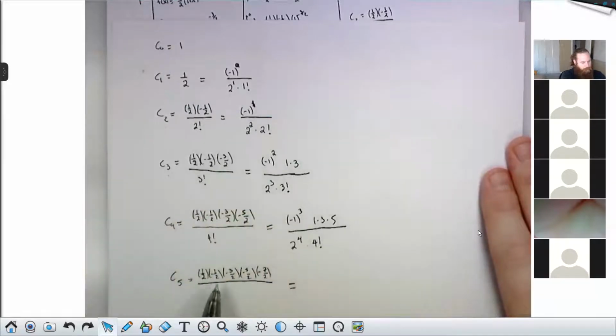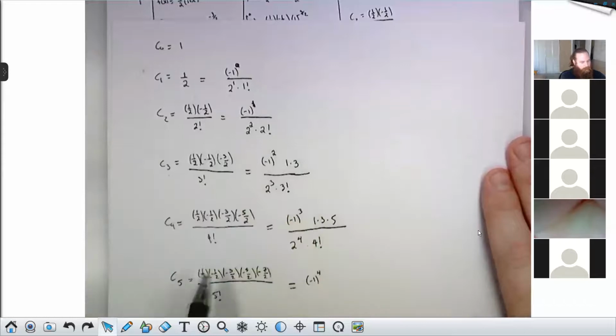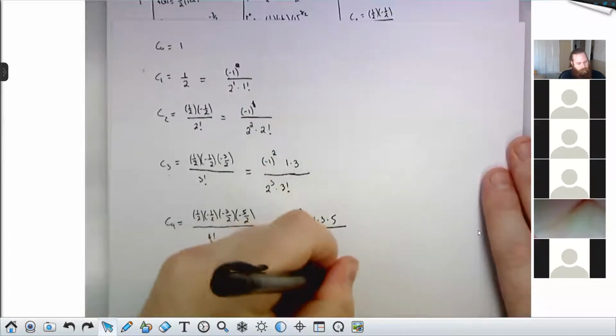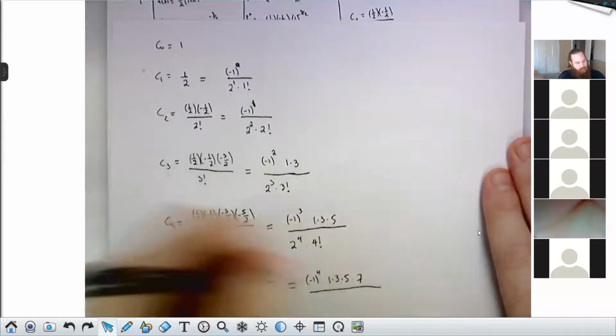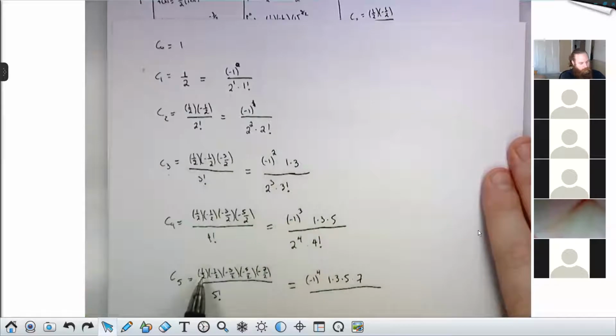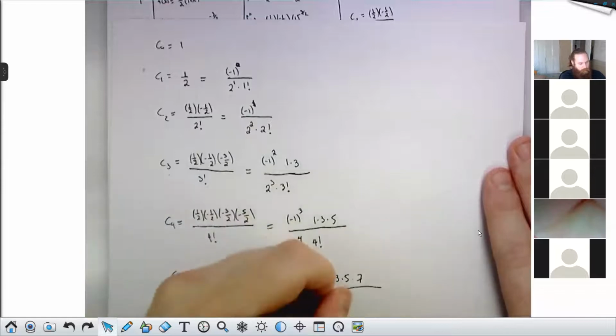I have 1, 2, 3, 4 negative pieces, so negative 1 to the 4. The numerators here are 1 times 3 times 5 times 7. Downstairs here, I have 2 raised to the power of 1, 2, 3, 4, 5, 2 to the 5 times 5 factorial.